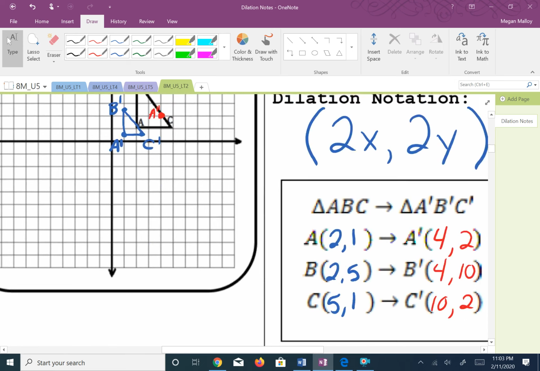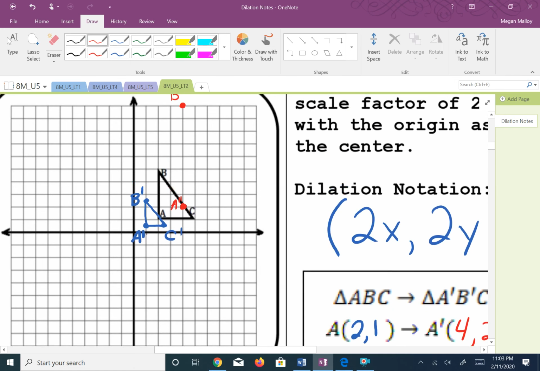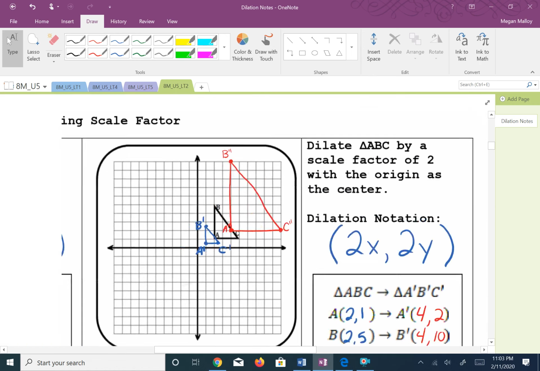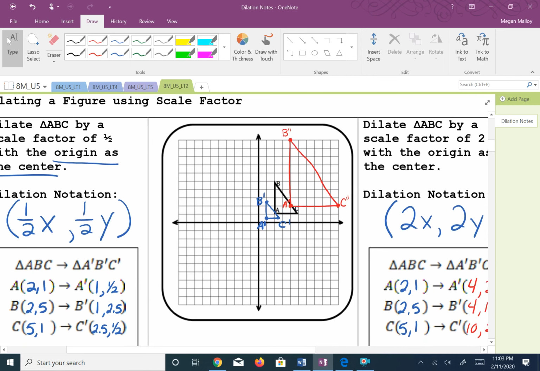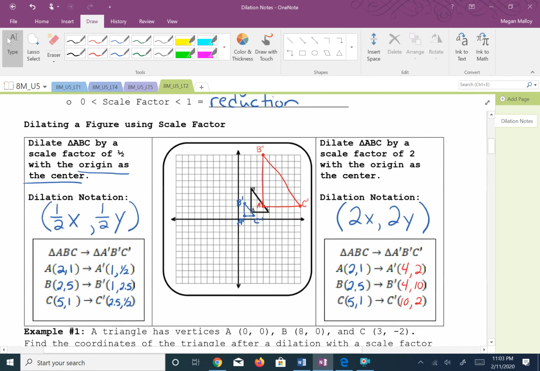And my image of C is at 10, 2. And then I can connect. And again, I can very clearly see that my pre-image was enlarged, which makes sense because my scale factor is greater than 1.